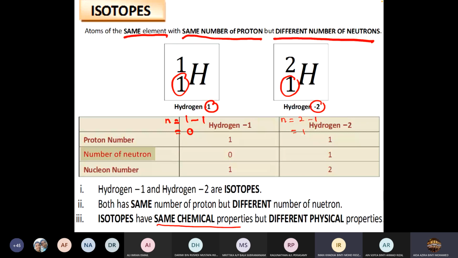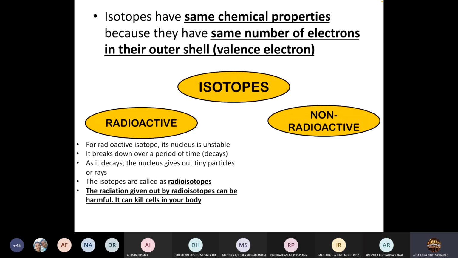Okay, good. So, one thing you need to know is isotopes yang sama, they have same chemical properties but different physical properties. Okay, apa maksud dia? Kenapa isotop ada same chemical properties? Because they have same valence electron. Contoh tadi hydrogen 1 dia punya valence electron cuma satu sahaja kan?